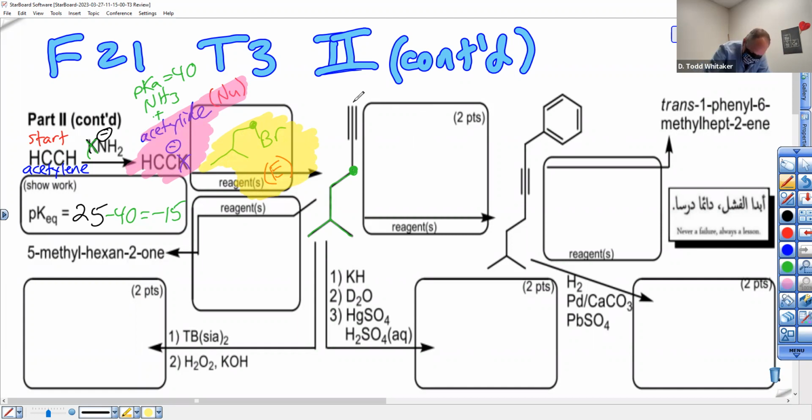You want to use my base? Go ahead. 1. NH2 minus. Why not? You want to use H minus? It works too. So now you made a C-triple-C with a minus on top. Right there. It's ready to attack something. A carbon that has a halogen. What carbon has to have a halogen?